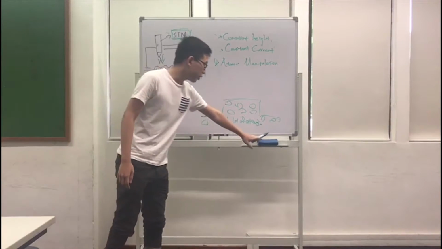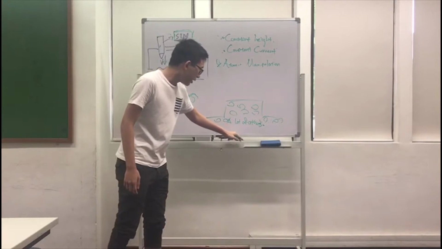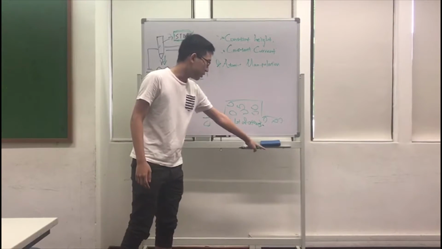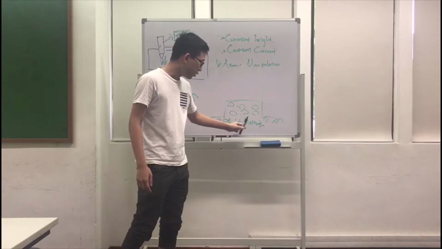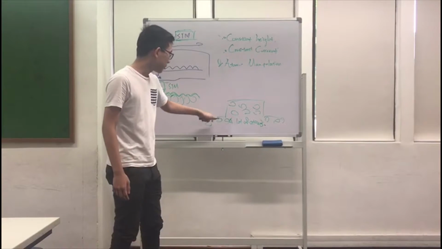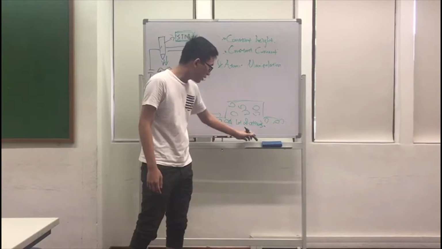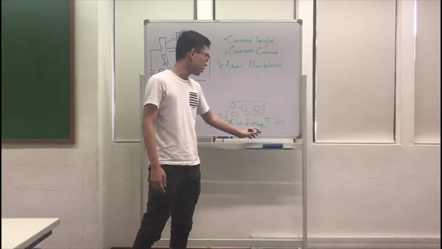So this is a whiteboard eraser and this is the lower end. Just imagine it as a lot of atoms. When we're moving through the lower end of this part, it looks something like this. It will go from here to here. So clearly this part and this part have a height difference.